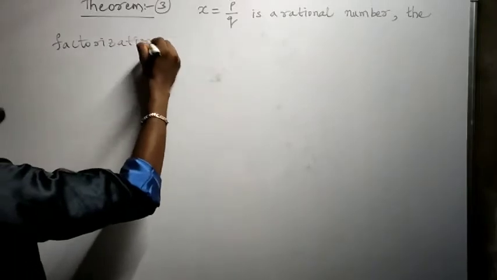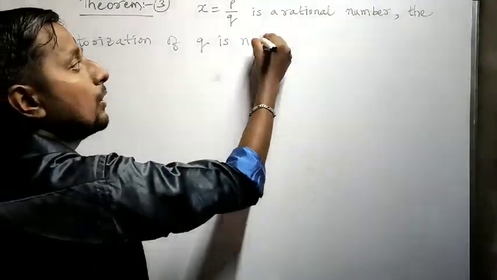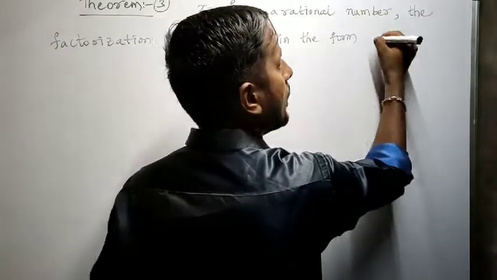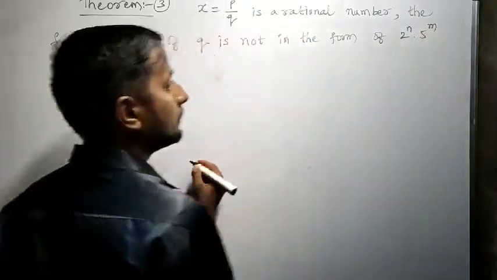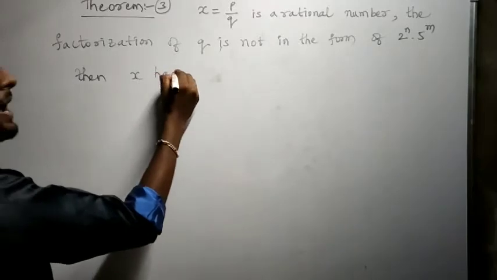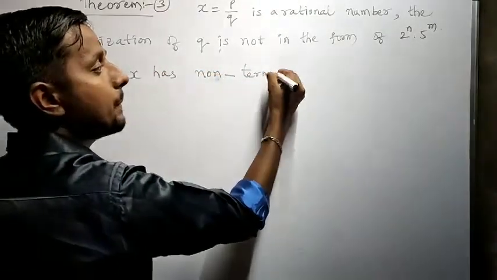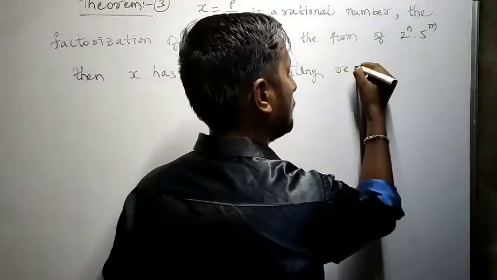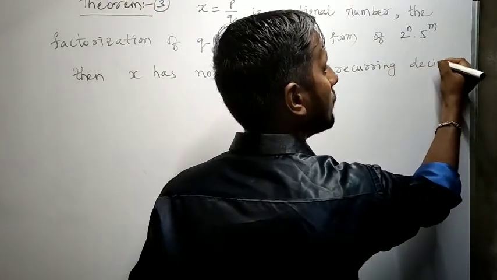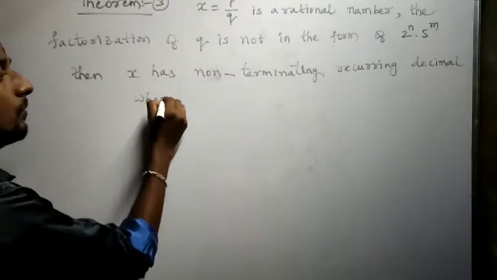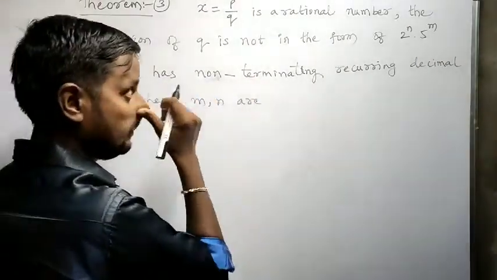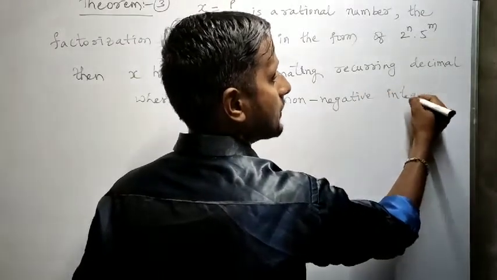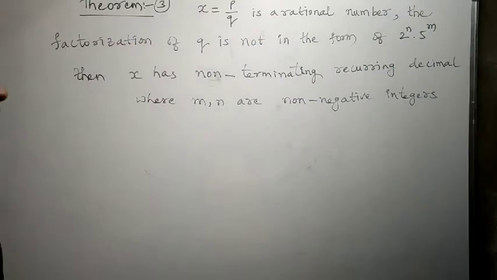If the factorization of q is not in the form of 2 power n into 5 power m, then x has a non-terminating recurring decimal expansion, where m, n are non-negative integers. Non-negative integers. Yeah, we'll go with an example now.